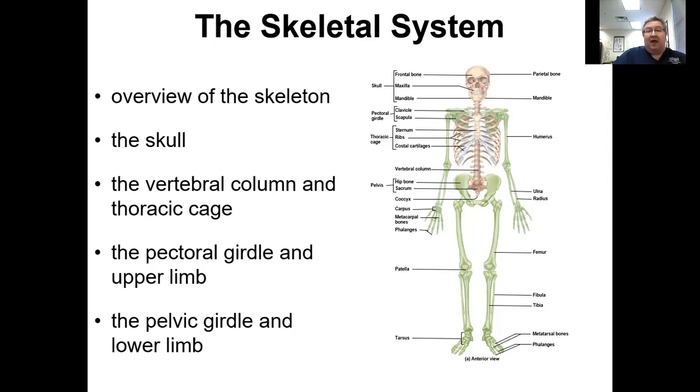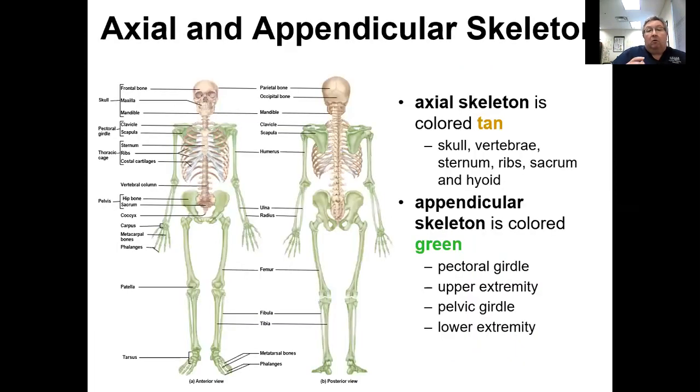And then we have the pectoral girdle and the upper limb, the shoulder and the upper limb, and the pelvic girdle and the lower limb. So what we have is an axial skeleton and an appendicular skeleton. Like I said, the axial skeleton is the base. Everything works off of the axial skeleton.